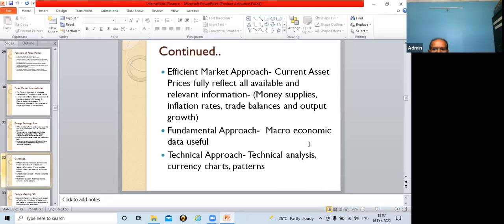Let me give another example. Suppose now pharmaceutical industry. If you are talking about overall pharmaceutical industry, it is example of macroeconomic. We are talking in the sense of overall market of pharmaceutical in regards to India.